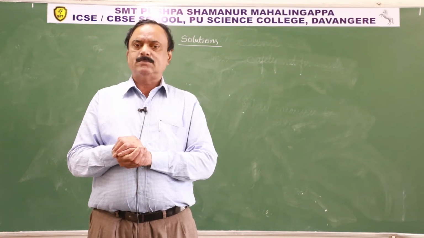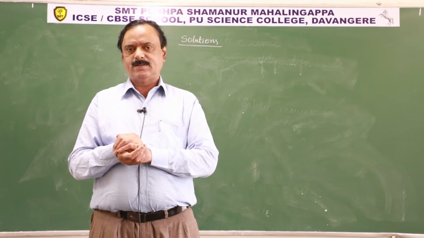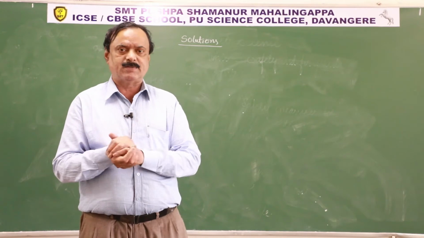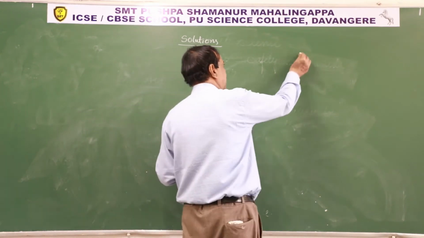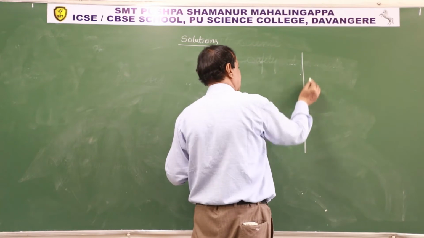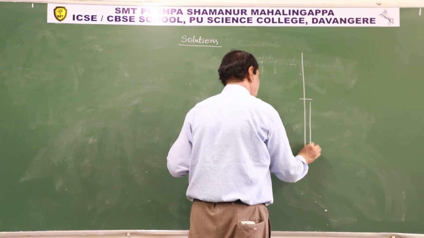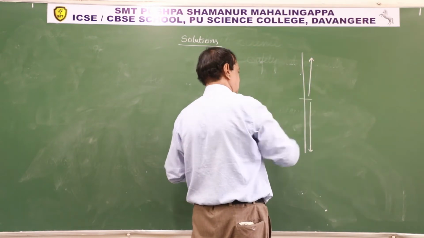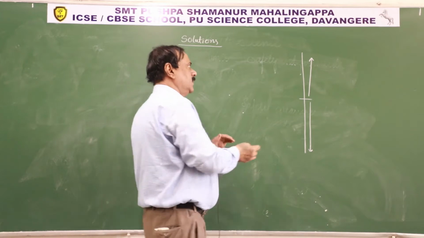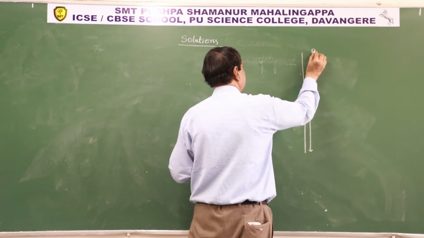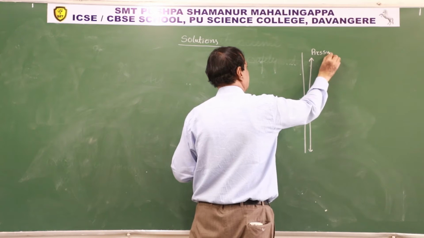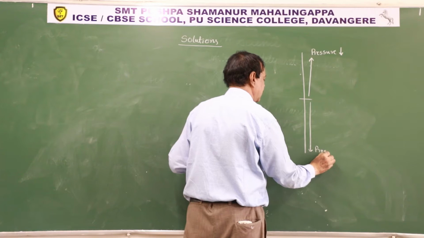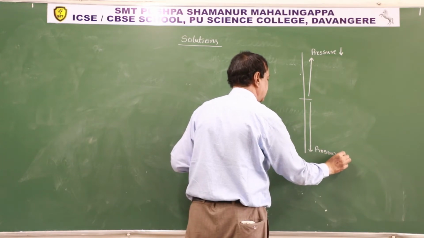Now consider the higher altitude from sea level and the bottom portion of the sea. At the surface of the water, the pressure of the system is lower; at the lower portion of the sea, the pressure is very high.